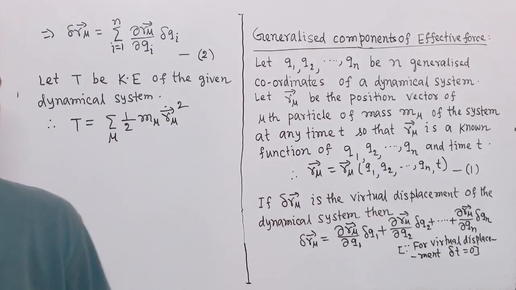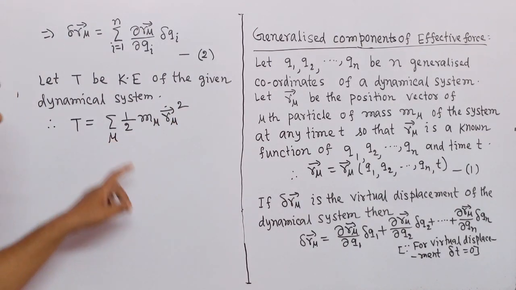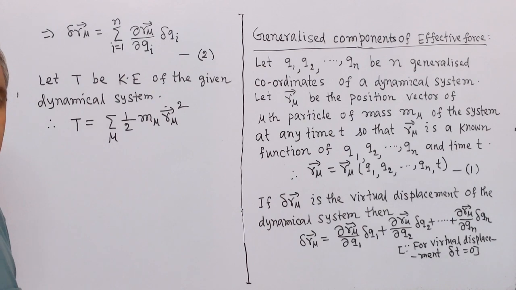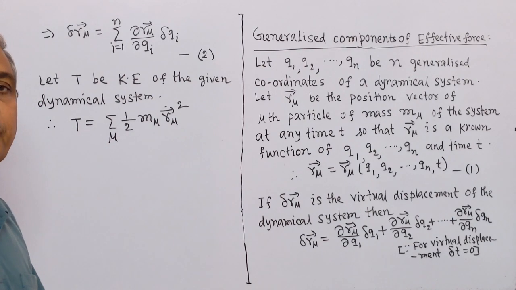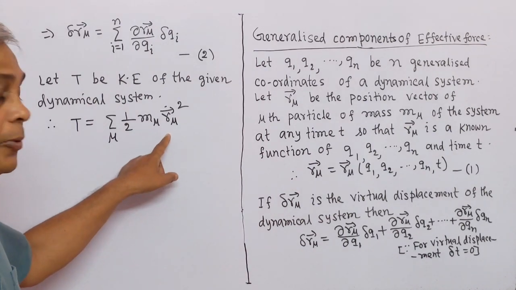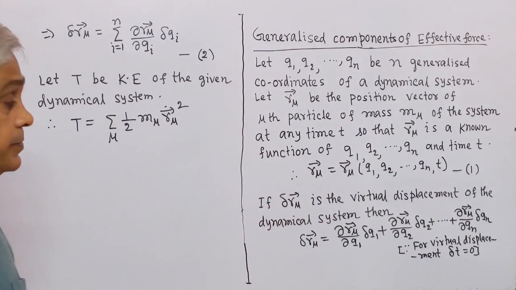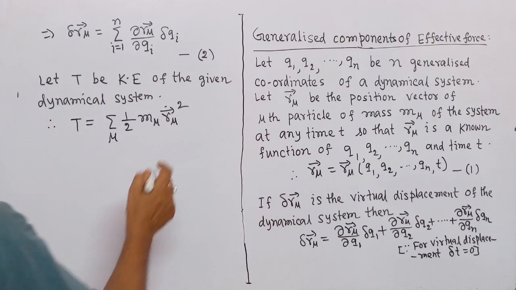Here mu denotes the muth particle, and the sigma denotes the sum of the kinetic energy of all particles. Let this be number 3.